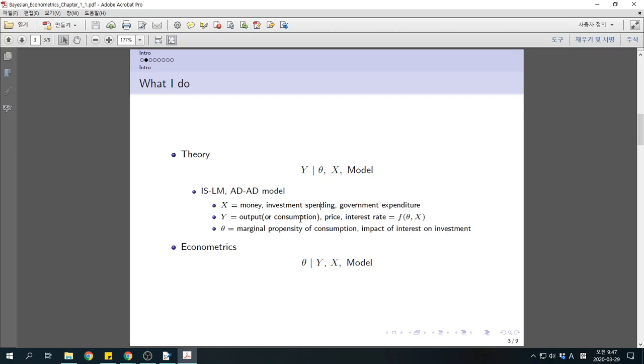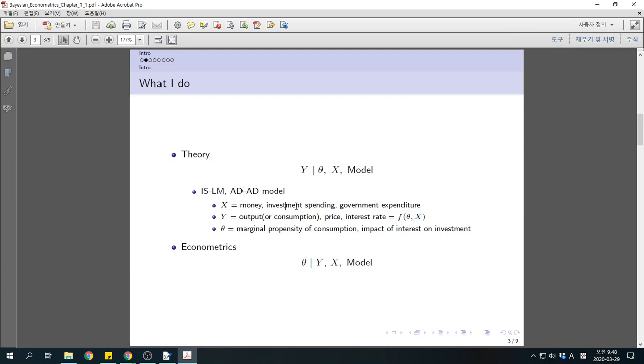Y is calculated. That's why we call y the equilibrium or solution of the model. And this solution of the model is always a function of what? A function of exogenous variables, exogenous factors, so theta and x.